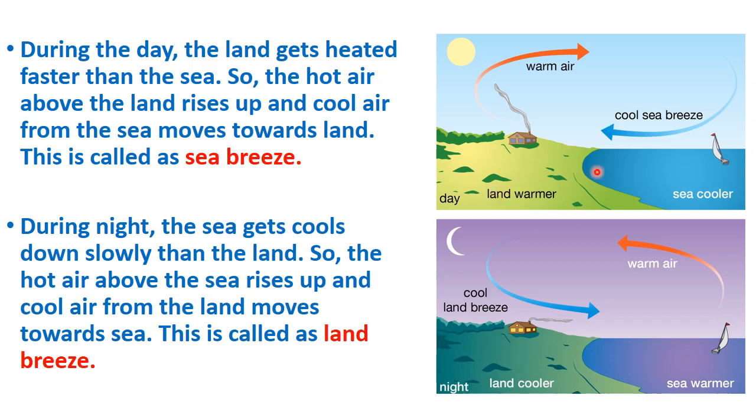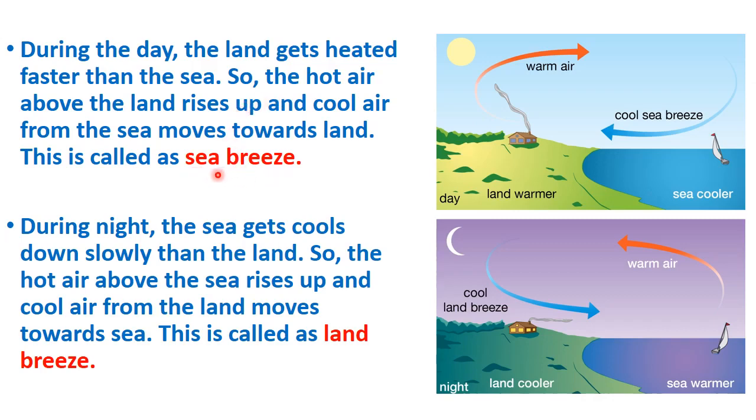So the air present above this land will be hot. This hot air will rise up and cool air from the sea will move towards the land. This movement is called sea breeze.